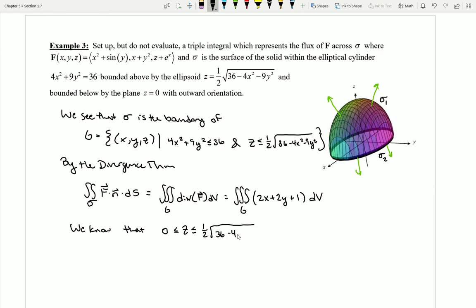So this can serve as nice bounds on z. And then I can think about projecting my solid down into the xy plane. So we then project G into the xy plane.